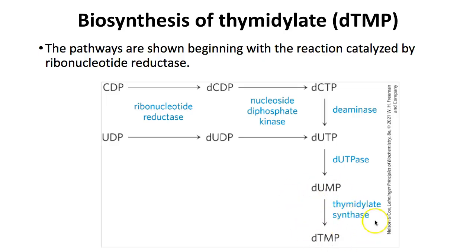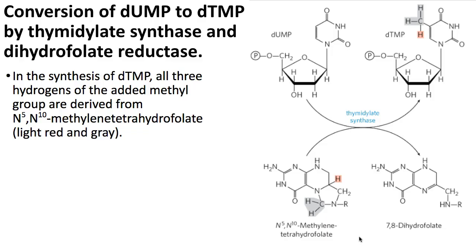And so highlighting how do we get to this part is you have your dUMP, and it utilizes an N5,N10-methylene tetrahydrofolate as a methyl donor onto the dUMP, to end up creating dTMP.